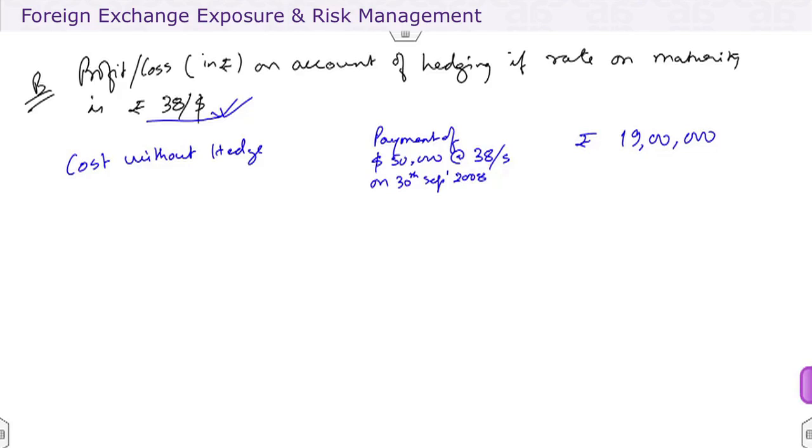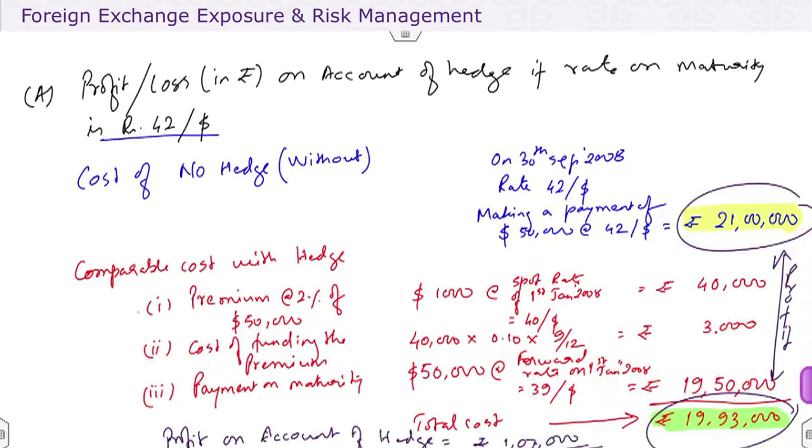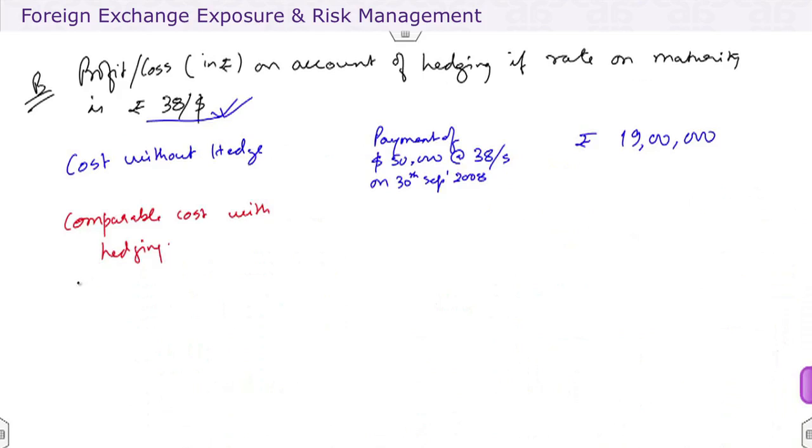Okay, now if you consider hedging, that means the comparable cost with hedging would be similar to what we discussed in the earlier situation, that you have to be paying a premium, then you have to be paying cost for those funds, and there will be some final payment. Okay, so in this case, the premium would again be same.